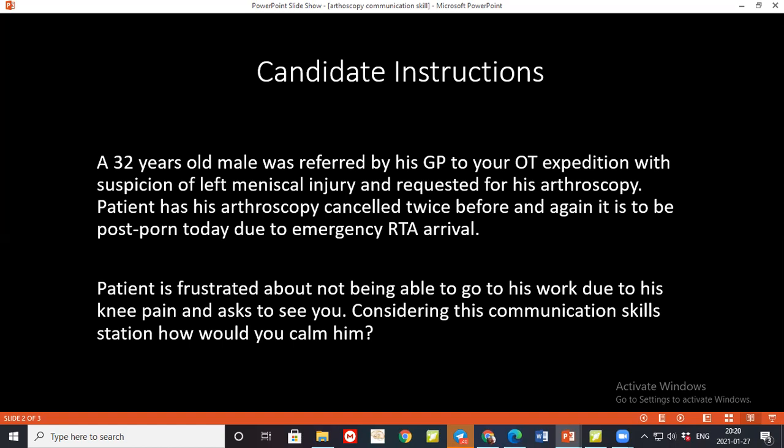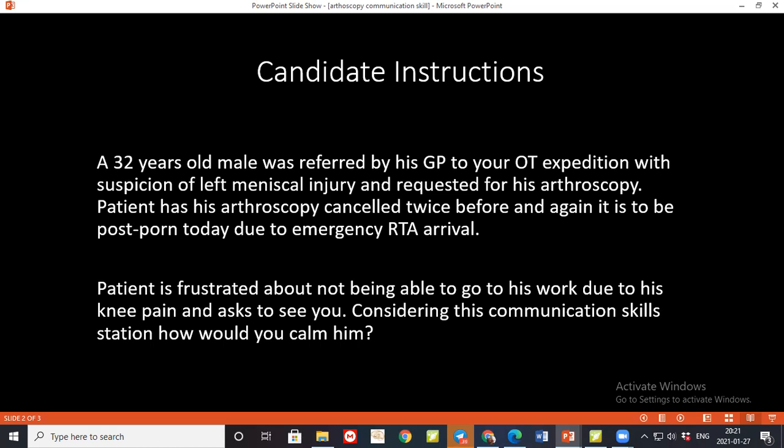It's okay. So let me just go through what we discussed. I came here to discuss with you about your operation that has been postponed, and I've already told you the reason why it was postponed, because of an emergency surgery. You requested to meet the consultant, which I'm going to tell, and I'll make sure he sees you after the operation. Then you told me about the pain medication, which I offered to change for you.